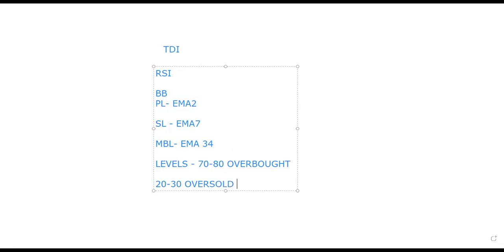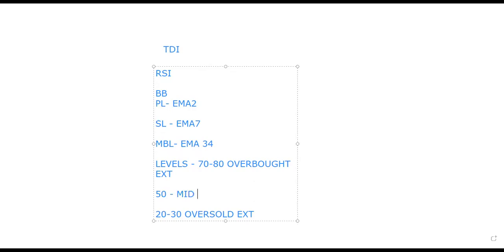Oversold extreme, and then it should be overbought extreme. So these are the components of our TDI, right? And then we have one particular one I've not mentioned. We have the 50 level, which is the mid level. Very important, the 50 level, which is the mid level.